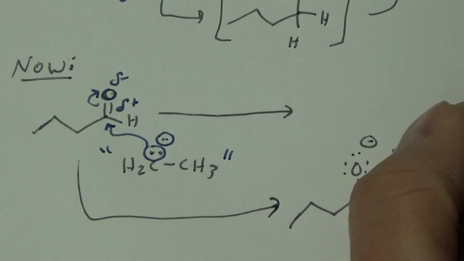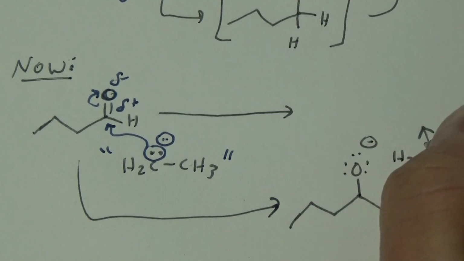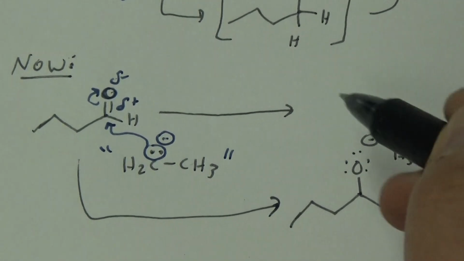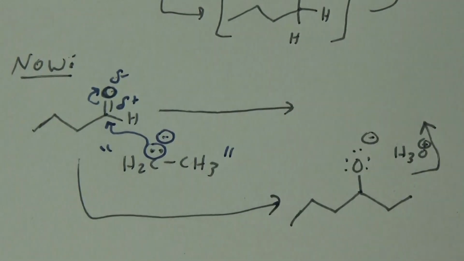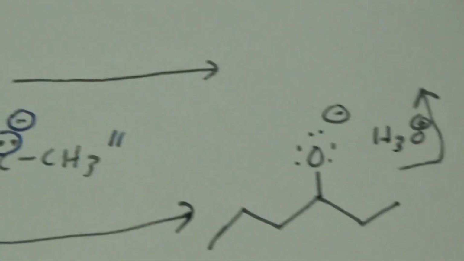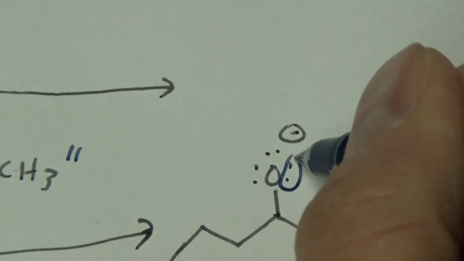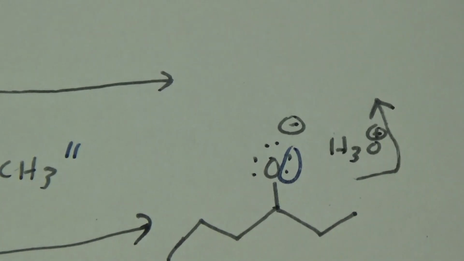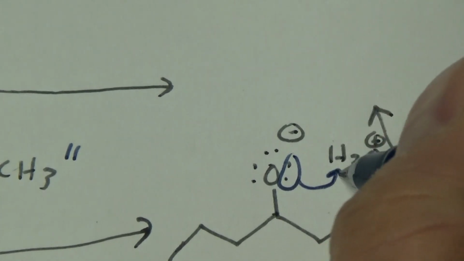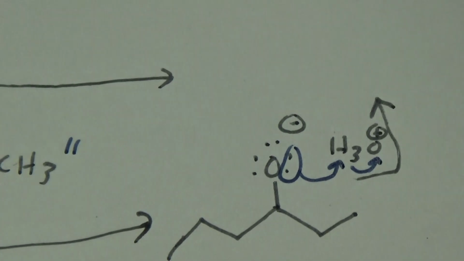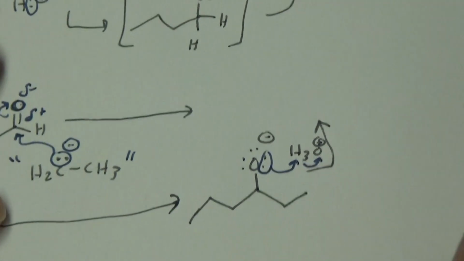Usually it's going to be a second step with H3O plus or H2O. It's going to be step 1, step 2. All right, and so what happens with the O minus and H3O plus? O minus grabs a proton, and now it becomes from O minus to what?